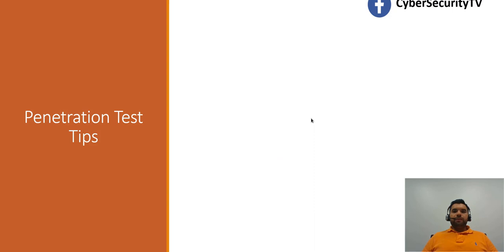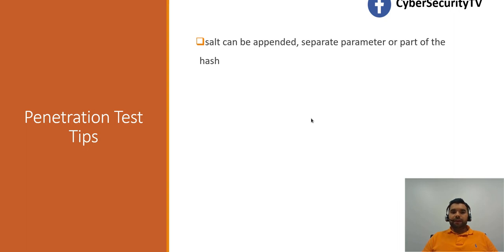Now for the pen tester, right? As we already saw, salt can be appended, or could be a separate parameter. So instead of hash, there's also a parameter called salt, where you have the salt attached to it.